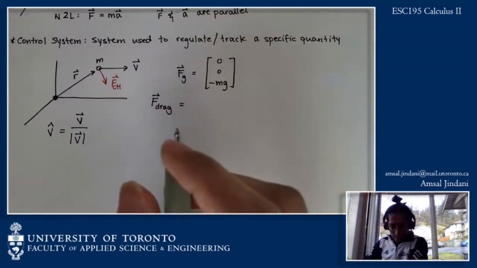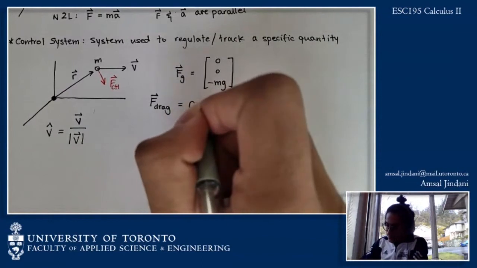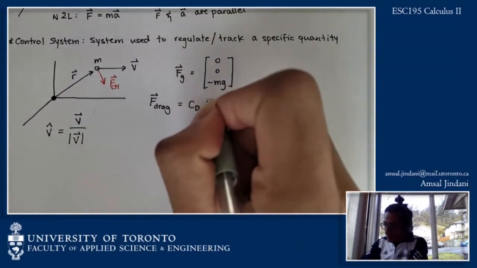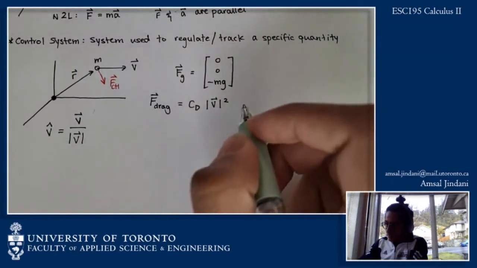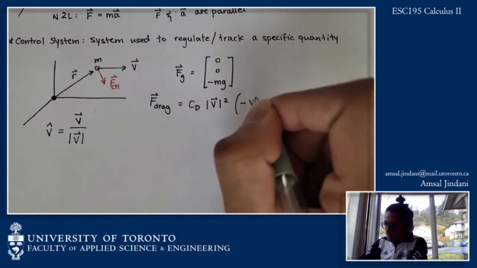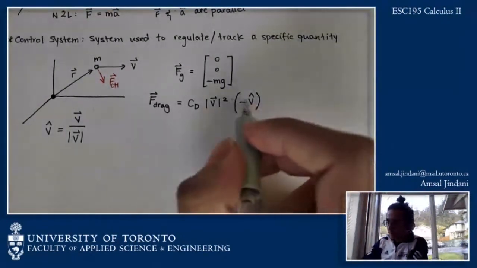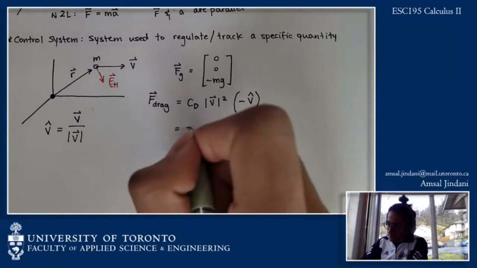And now I can write out my aerodynamic drag. My aerodynamic drag is equal to the coefficient of drag, which is just some quantity, and then the square of the speed, so that's the magnitude of the velocity squared, and it's in the direction that is opposite to the velocity, so in the negative v hat direction. And I guess I can just substitute our definitions then.